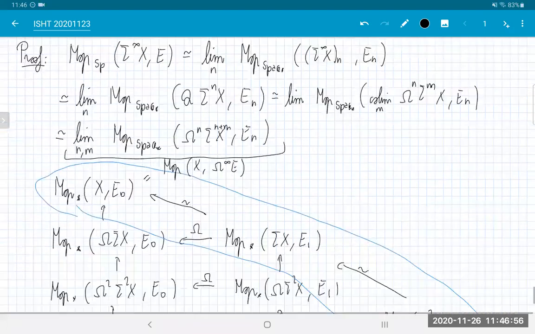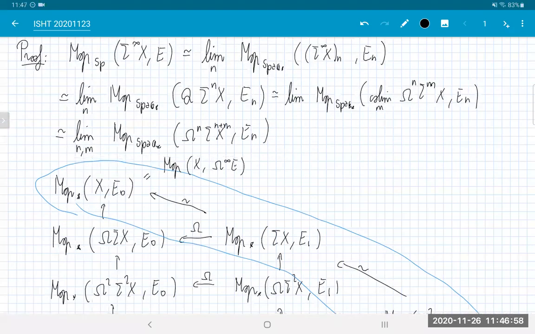Because this limit is exactly this diagram I wrote, but then you need to unwrap what it means to have the transition maps. For example, there is a plus n here, by the way, that was missing.